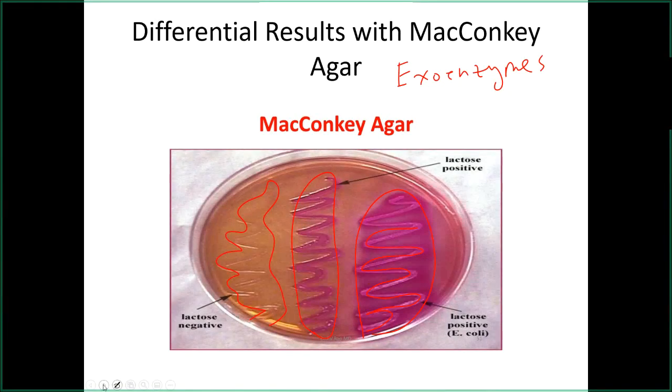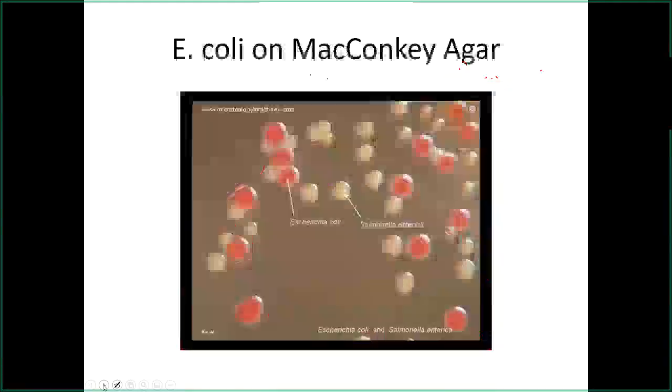But you can see it's plainly obvious when you have a lactose fermenter, that really stands out with this agar. Again, gram negatives. This is going to favor the growth of gram negatives, many of which are gut flora members. And so it selects for those, and then it differentiates them on the basis of their lactose fermenting abilities.